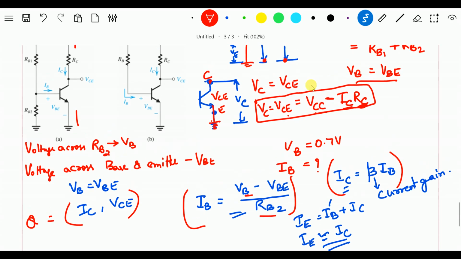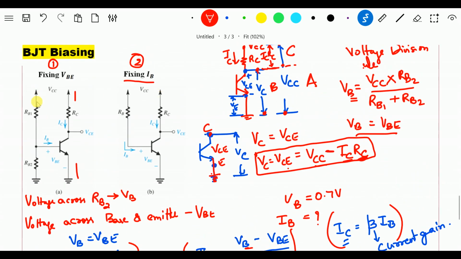When I say biasing, RB1, RB2 and this RC are all for you to connect. These are the external resistances which we connect to the transistor to create biasing. That is the benefit of biasing. You connect some external resistors so that you are able to generate the equations for VC and IC, and you have complete freedom to maintain the Q point because of connecting these external resistors.